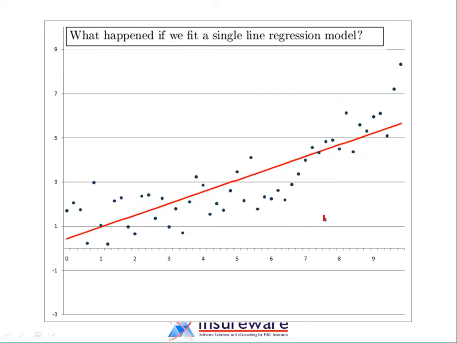Okay. But instead, suppose you fitted the wrong model, in other words, one straight line. What happens if you fit a single regression model, one straight line? When you calculate the residuals now, because there are two trends, you've calculated the average trend. So the average trend is higher than the trend in the earlier periods, but it's lower than the trend in the later periods.